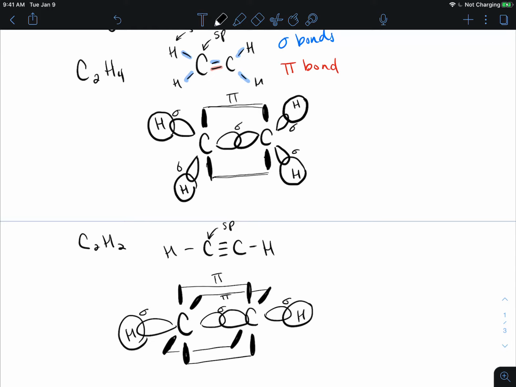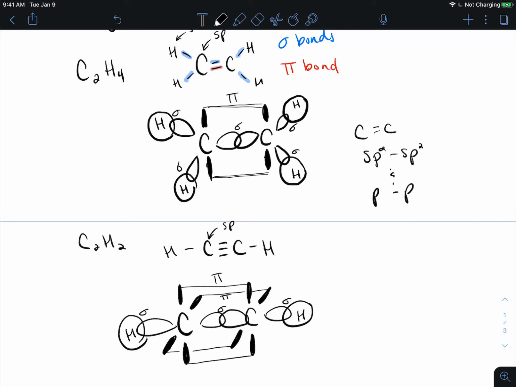So when we're thinking about what orbitals are overlapping to produce these, we would say that the carbon-carbon bond right here is the overlap between sp2, sp2, and pp.